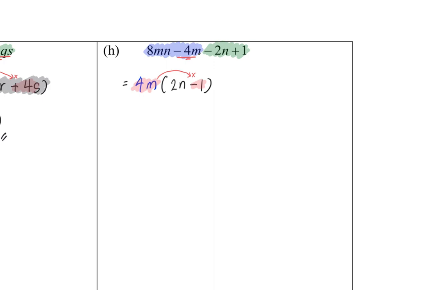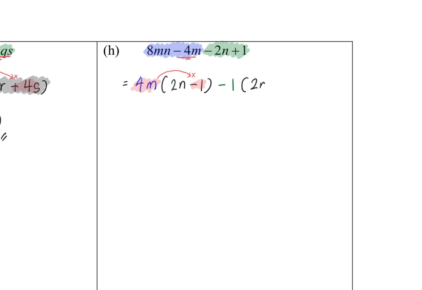As for the other green color group, well, there's no common factor, so to speak, but how about this? If I take out negative 1 as the common factor, what will happen?